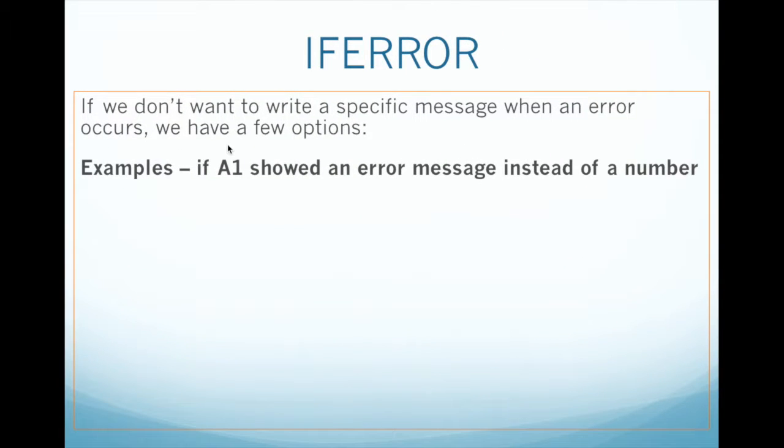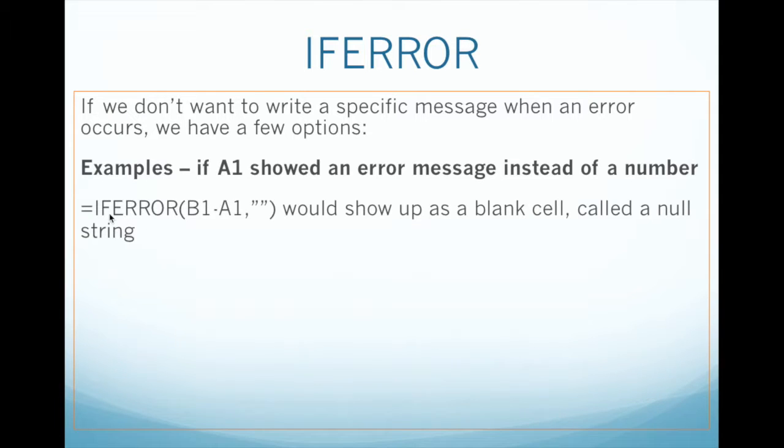If we don't want to write a specific message when an error occurs, we have a few options. For example, if A1 showed an error message instead of a number, we can have IFERROR with the formula B1 minus A1. Here's our quotation marks. We have nothing in between, so it just means it would show up as a blank cell called a null string. We could also make a 0 appear, where it just shows up as 0.